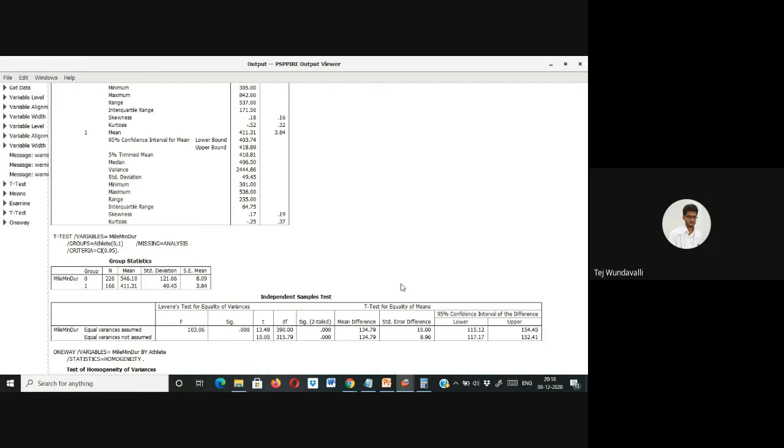The value of the t statistic. The mean value of the population, one group. I don't think so.